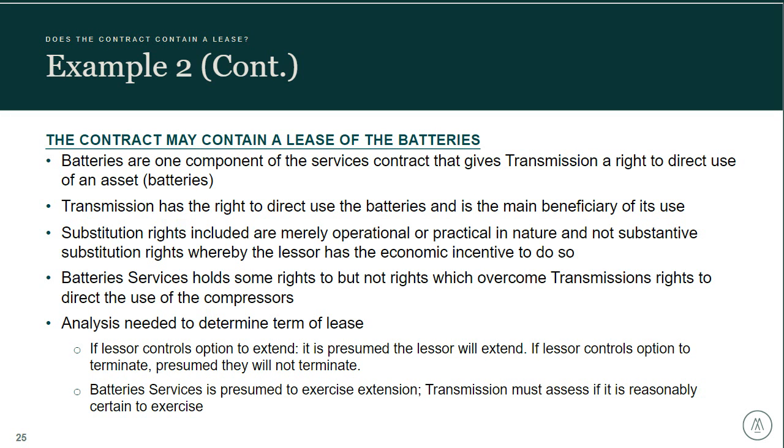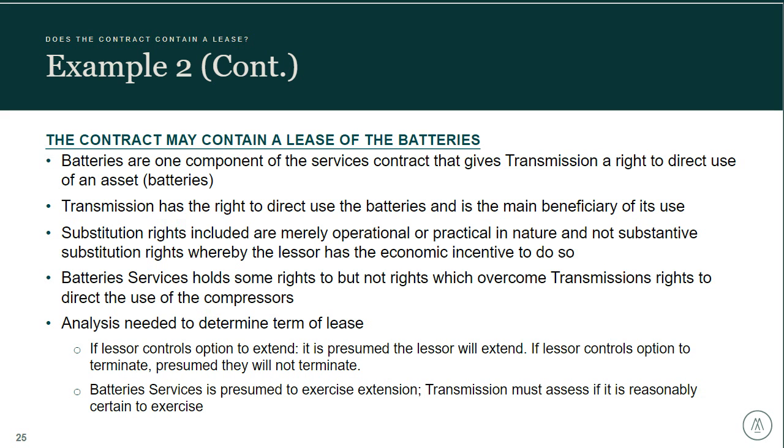The substitution rights included, and this is where we didn't give you a lot of information, but we're trying to open up that thinking, are merely operational or practical in nature and not substantive. So again, if it's just operational or practical, but those batteries are really your batteries, then generally that would be considered non-substantive and it would be considered a lease.